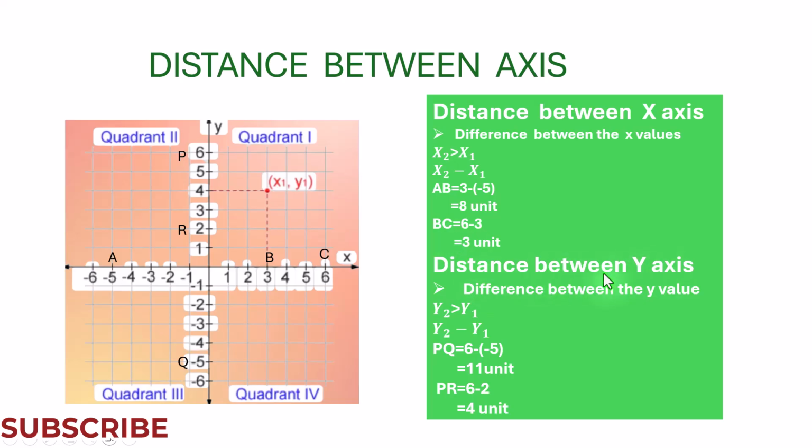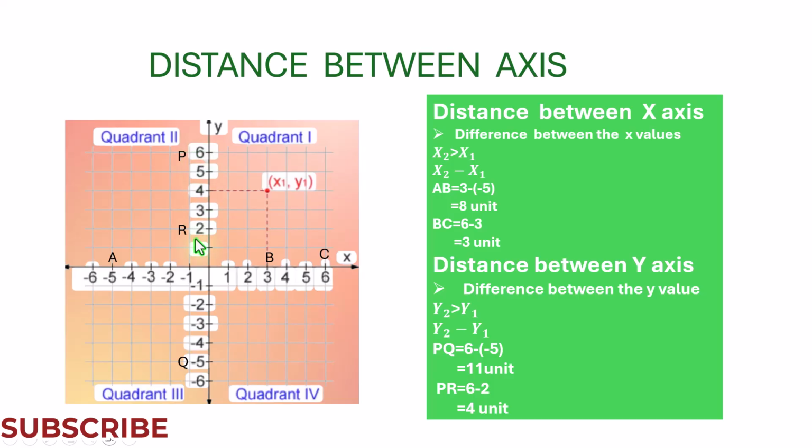Distance on the y-axis is the difference between the y values. If y2 is greater than y1, y2 minus y1 is the distance on the y-axis. For PQ, P is 6 and Q is minus 5 on the y-axis. So distance PQ is 6 plus 5, which is 11 units.